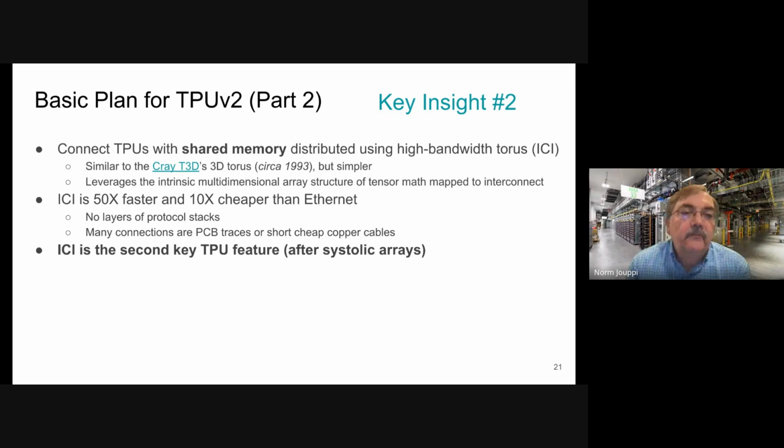In that kind of environment, the data movements are very regular and follow the shape of the problem, the multi-dimensional matrices. That allows you to make a lot of the connections with cheap copper cables between neighboring components. We took advantage of that property of the problem in building the interconnect between different TPU chips.